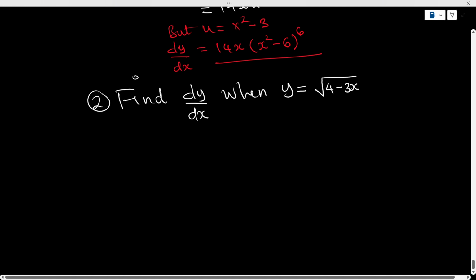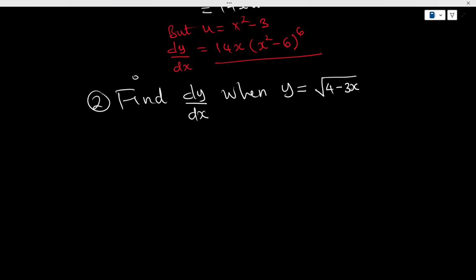Find dy over dx when y equals the square root of 4 minus 3x.